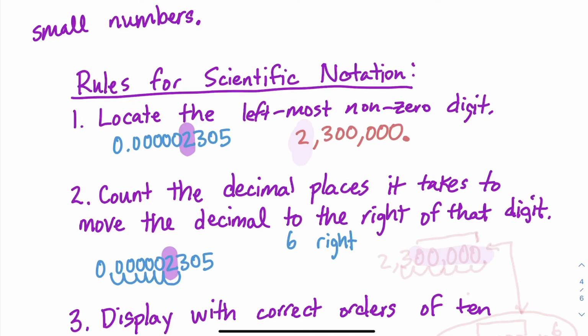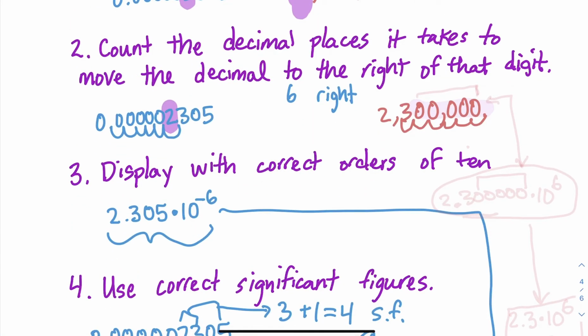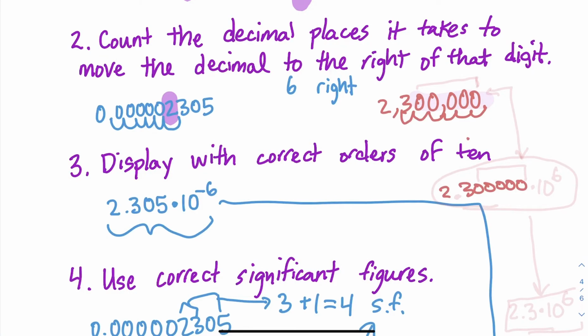And so once we have that 2, this 2 right here, we want to put the decimal point to the right of that digit, and that is rule 2. So 1, 2, 3, 4, 5, 6. So we have 2.3, let's say 2.30000 times 10 to the 6th. So that is rule 3.